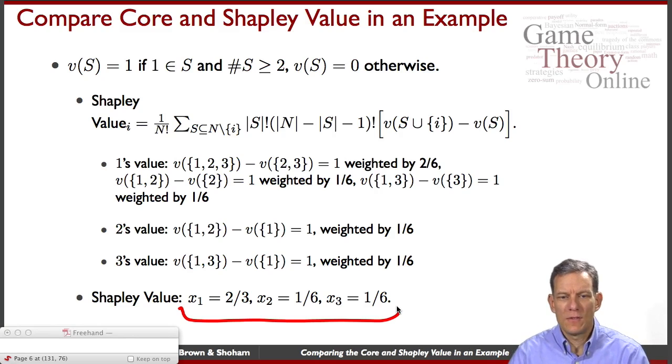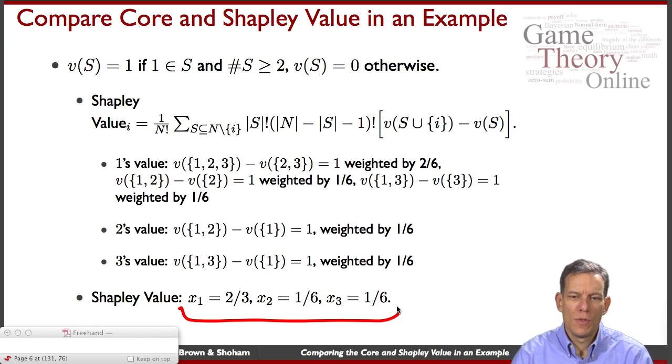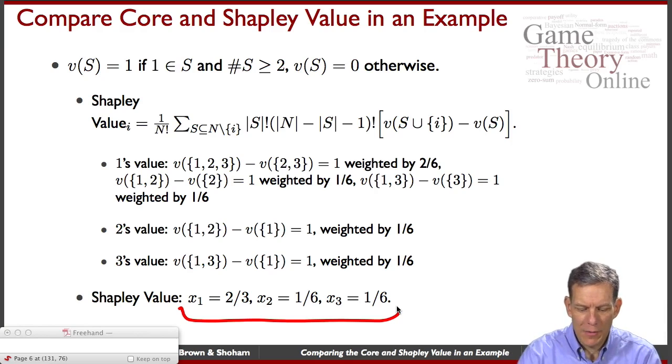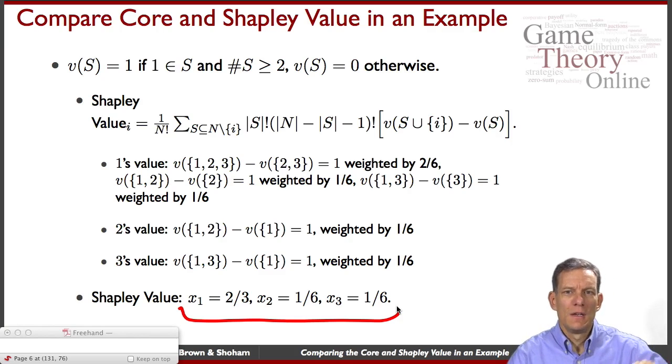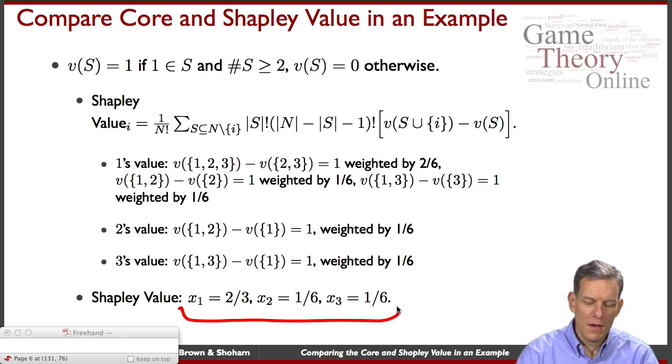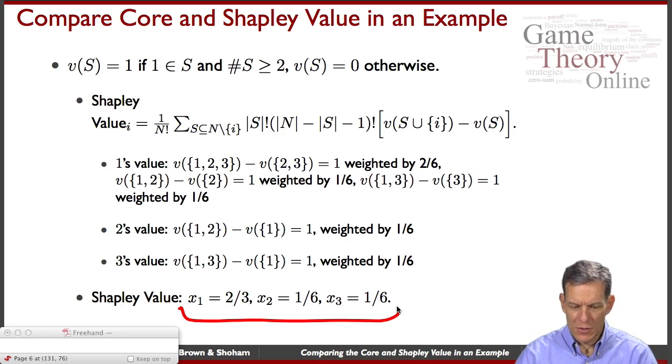And in this case, 1 is more important, so they get more. But 2 and 3 are still valuable members in this society, and the Shapley value reflects that. But these are very different logics. You might think of the core in a situation where people might secede, and 1 could walk away and say, without me, you get nothing. Whereas the Shapley value is doing calculations based on marginal contributions.